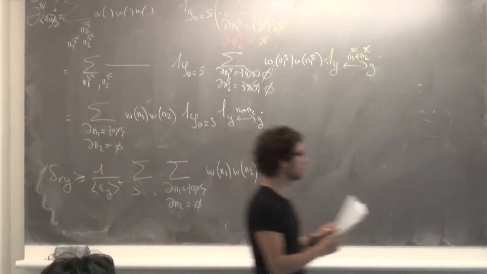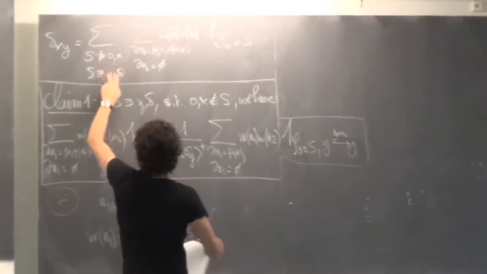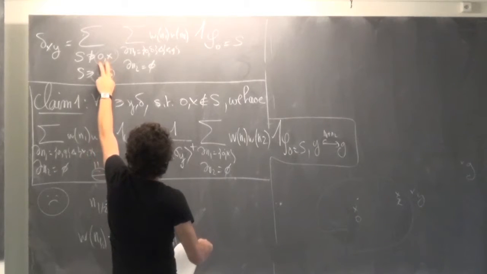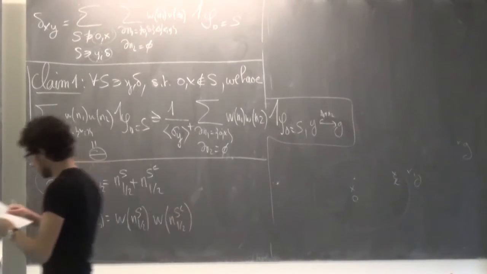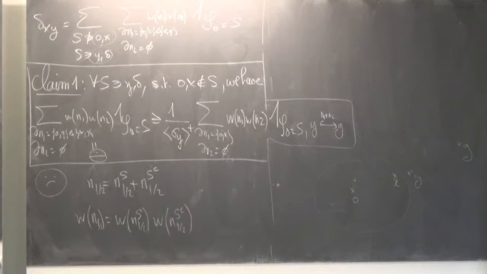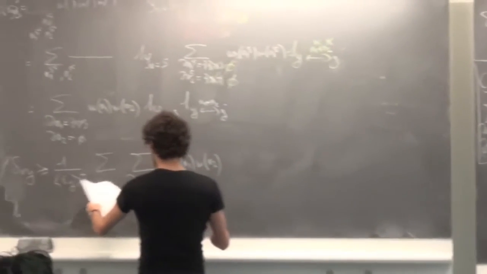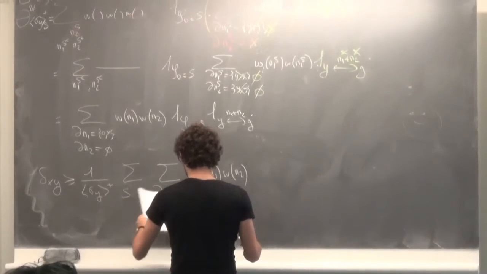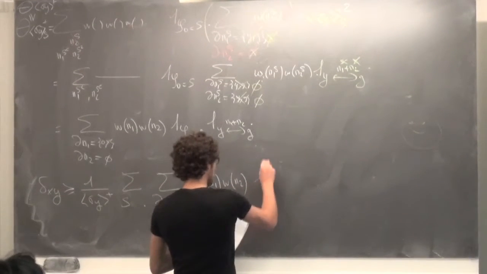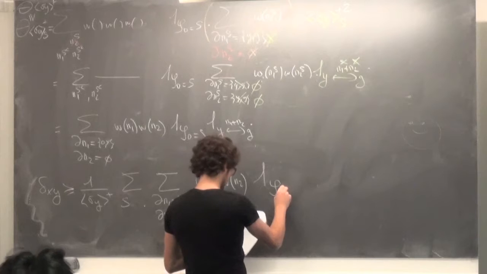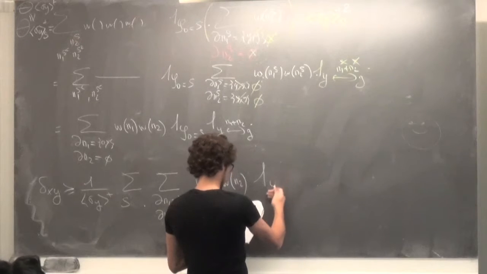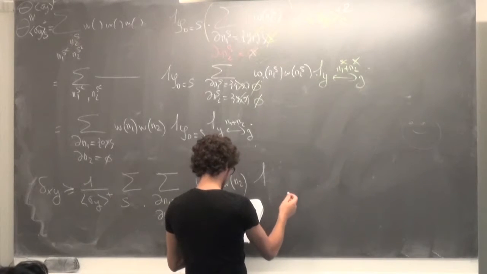And what I'm going to do, when we were summing here, now y and delta are disappearing, so we were summing 0 and x, and instead of saying that S must contain 0 and x and not y and g, I'm going to just re-include them in the set like that.